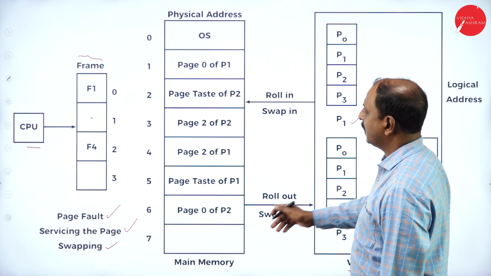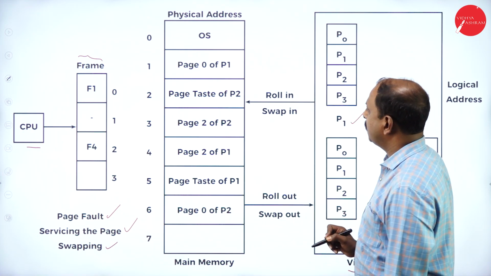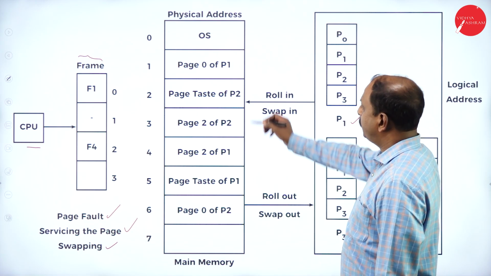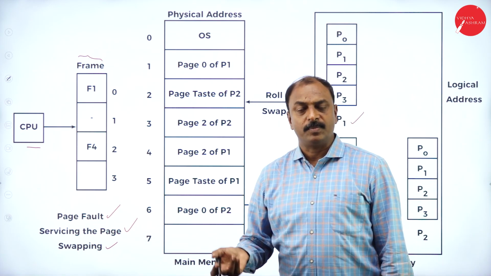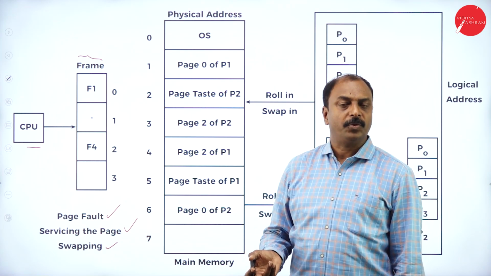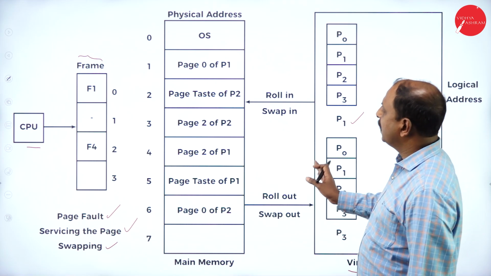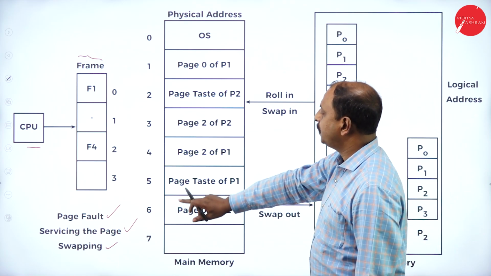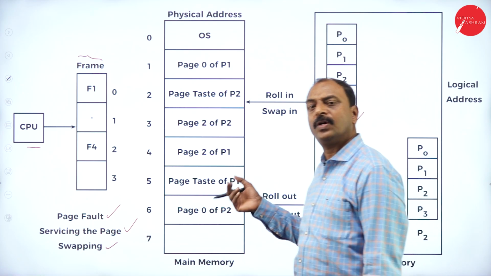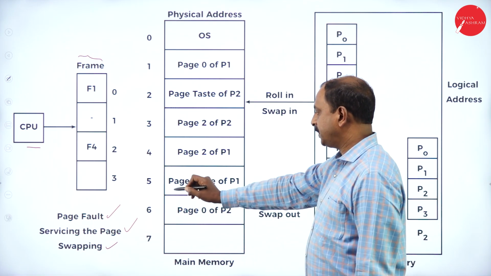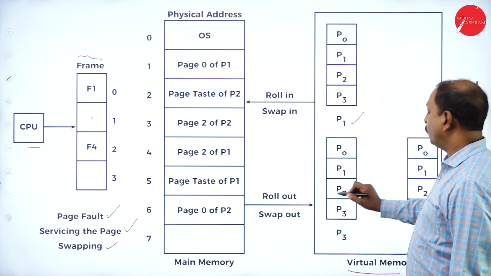Suppose in another example, what is swap out or roll out? If there are not enough frames or not enough space in the main memory for the pages of any process, then the pages which have not been used for a long time will be moved back out of the main memory through virtual memory.